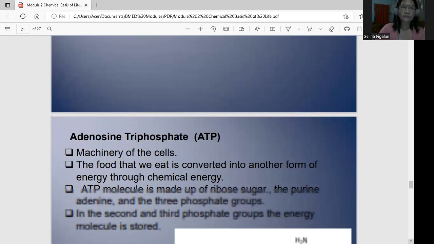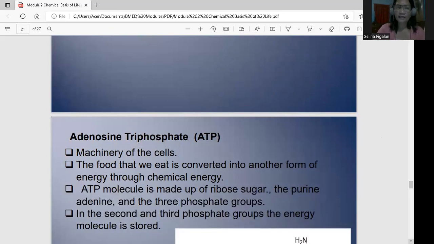Okay, adenosine triphosphate. I have not taught you about the Krebs cycle, but the glucose is broken down into pyruvic acids. If it was taught in senior high school or in your biology, it is in biochemistry. The ATP is a machinery of the cells. The food that we eat is converted into another form of energy through chemical energy, from potential to kinetic energy.